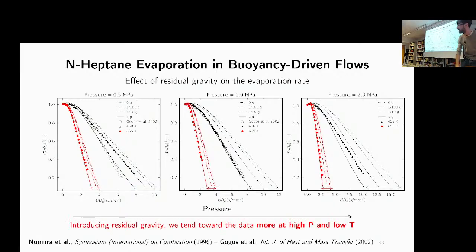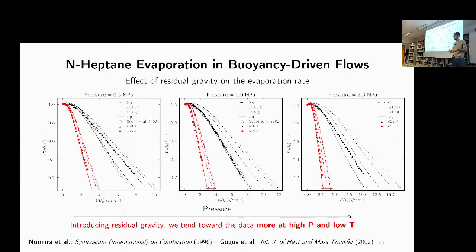You can see that this effect, as we expected, is more important at low temperature than at high temperature, and also is more important at high pressure cases. So what we proved with this simulation, essentially, is that these experimental data are strongly affected by residual gravity effect, but this is probably not the only reason why there is this discrepancy between our results and experimental data.